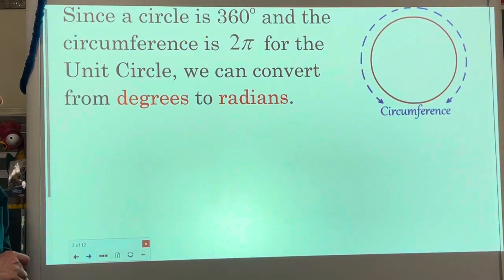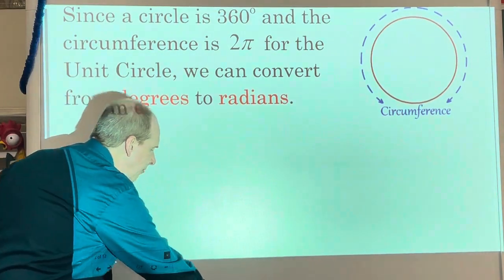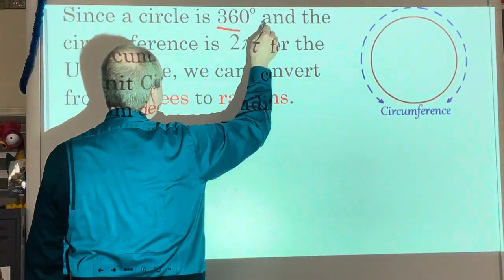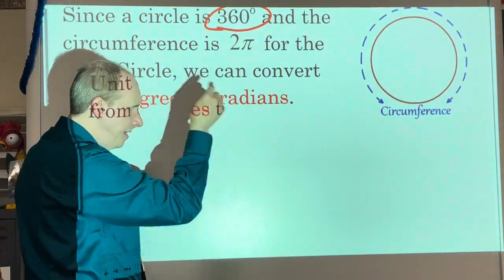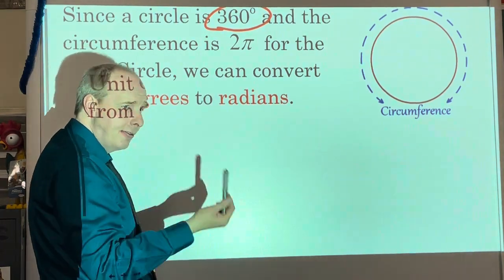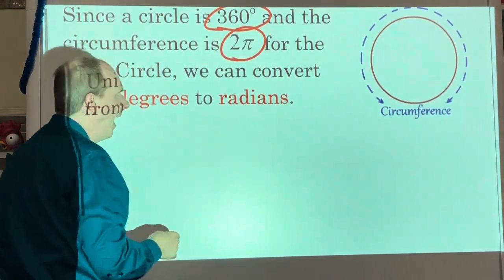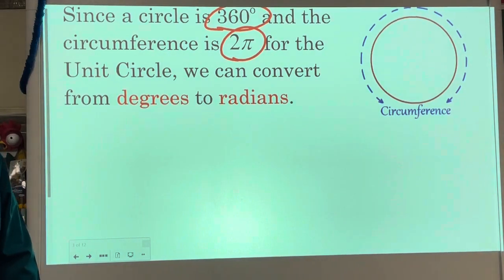Since the circle is 360 degrees all the way around, and the circumference is 2 pi, then for this unit circle with a radius of 1, we can convert from degrees to radians. The key is understanding that 360 degrees is the distance around that circle as far as degrees go, and 2 pi is how far it is in radians.